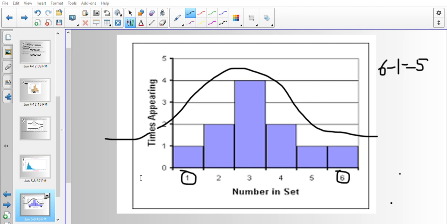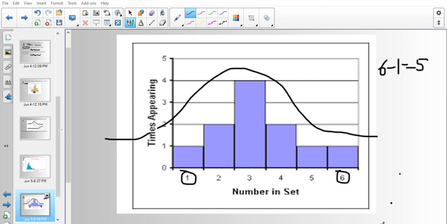Not even knowing what the numbers for the median and the mean are, do you think they will be close together or far apart? Now remember what we said about the mean and the median and how they're affected by symmetrical or skewed histograms, right? A symmetrical histogram is going to have a mean and a median that are close together, while a skewed histogram is going to have a mean and median that are far apart.